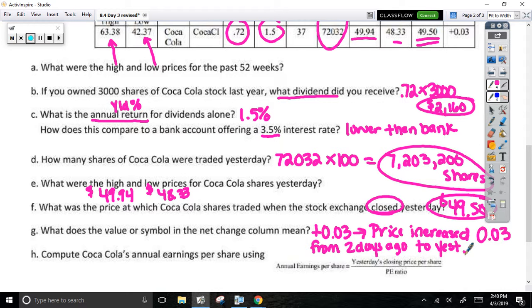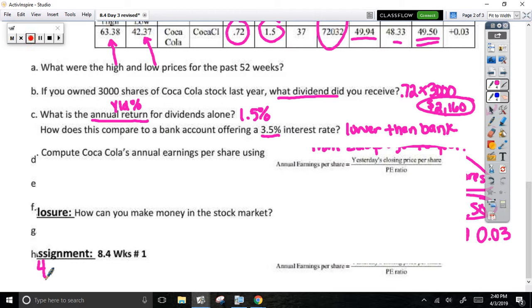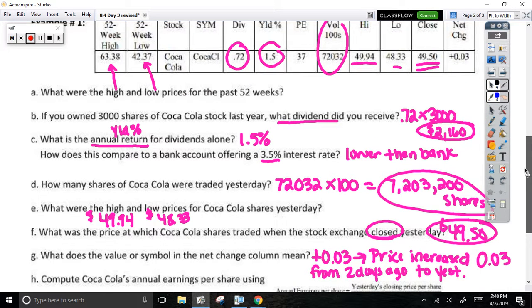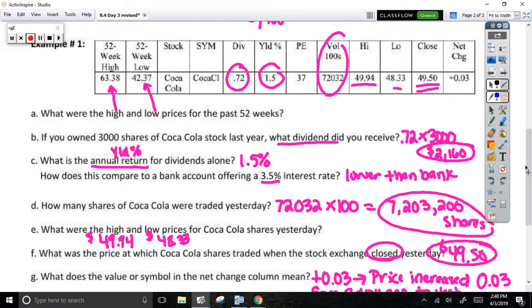And last, compute Coca-Cola's annual earnings per share using this formula. So I'll always give you this formula on the quiz right in the question. So it also might be on your formula sheet, I think. So we'll take yesterday's closing price per share, which was $49.50, divided by the PE ratio, which if we go back up, the PE ratio was 37.